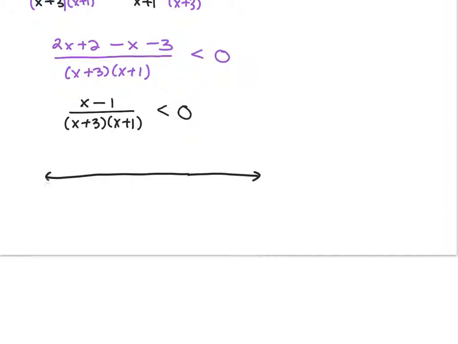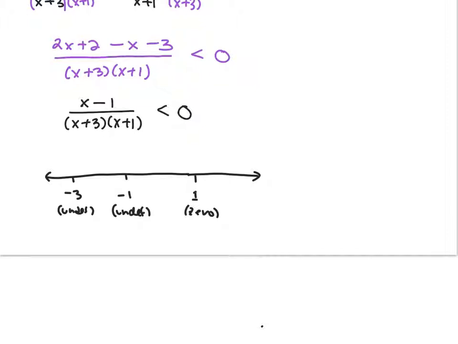So where are your zeros? Yep, 1. Where are your undefined points? Okay, great.